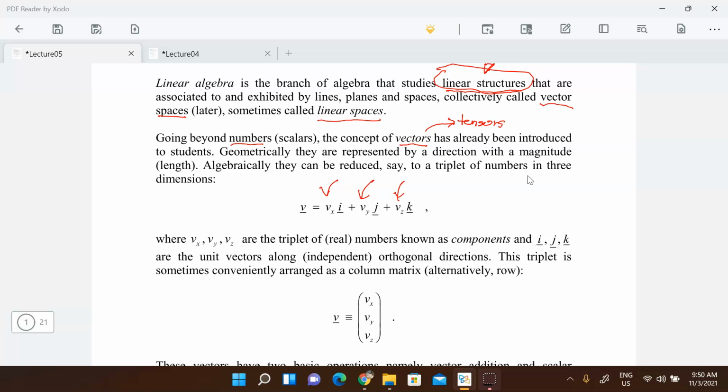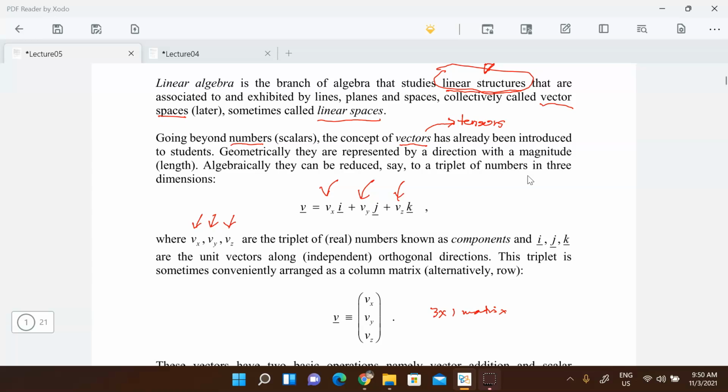Then one of the things you can do is represent these three components as a set of entries inside a matrix. So another way of representing this is to write it as a column matrix. You can see now the relationship between matrices and vectors easily by thinking of this as a 3x1 matrix.